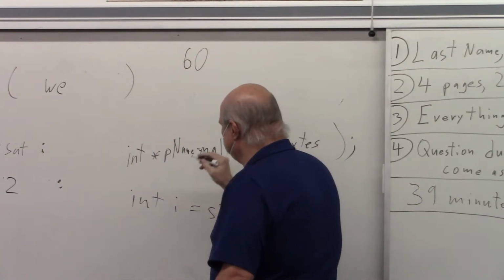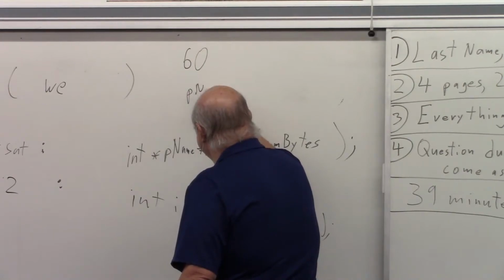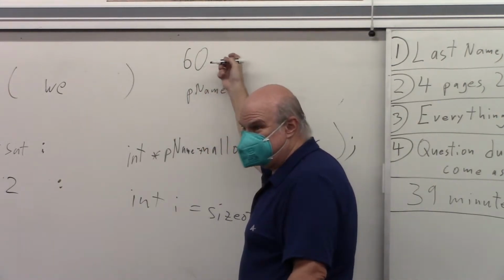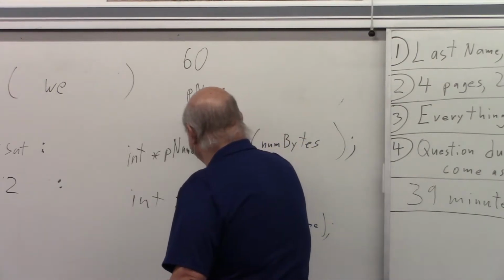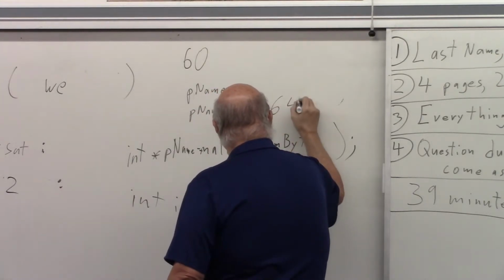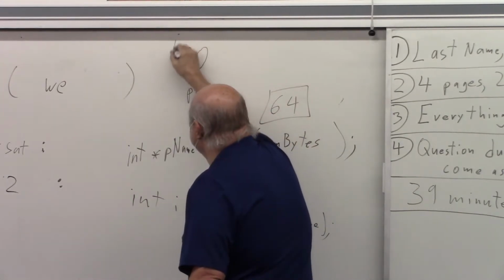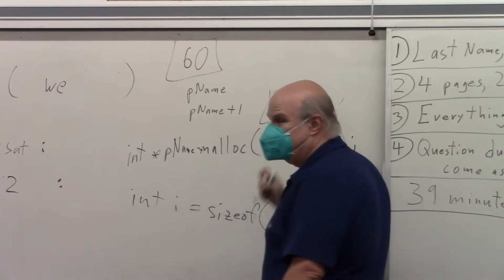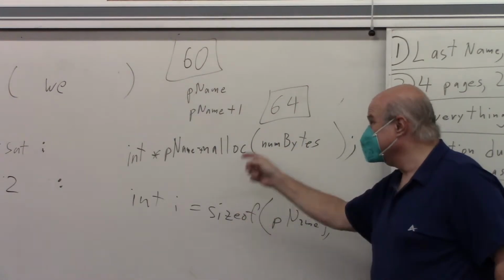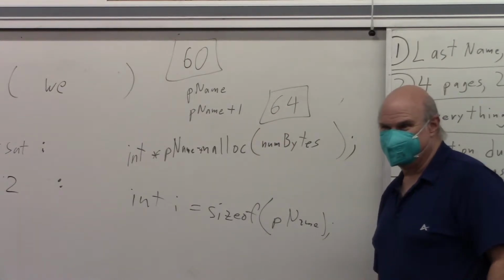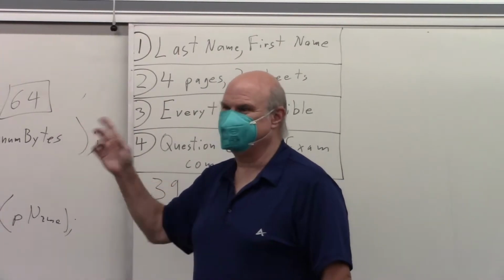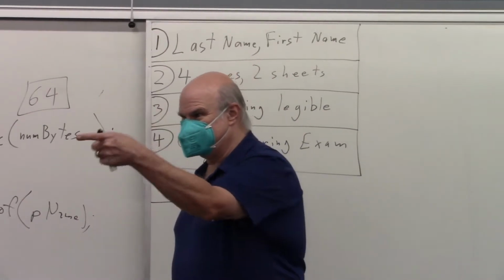So pname happens to contain a value of 60. pname plus 1 will be 64, assuming the size of an int is 4 bytes. Make sense? Next.